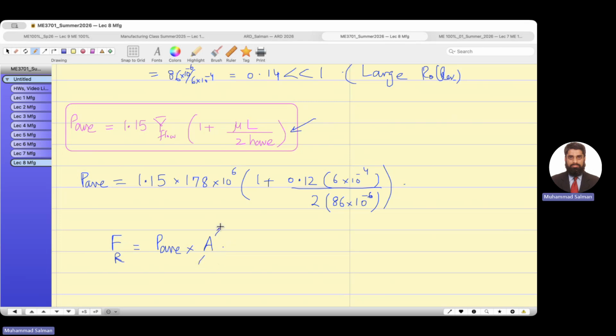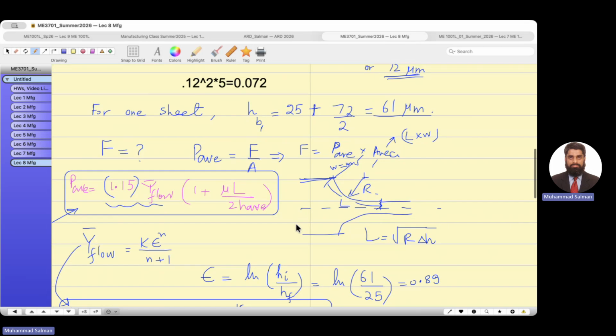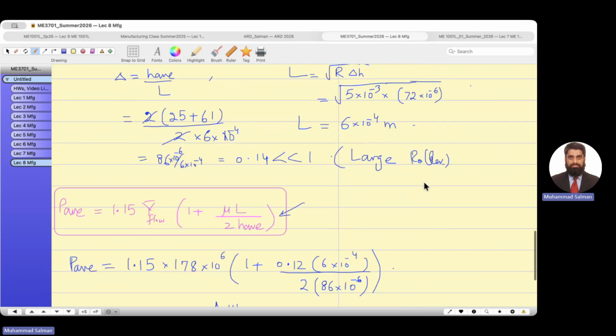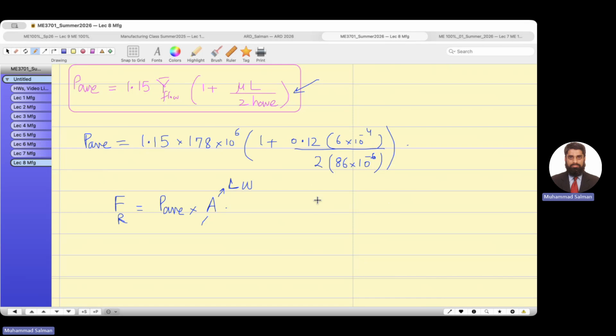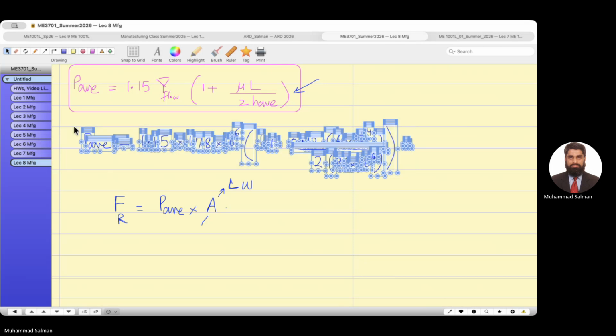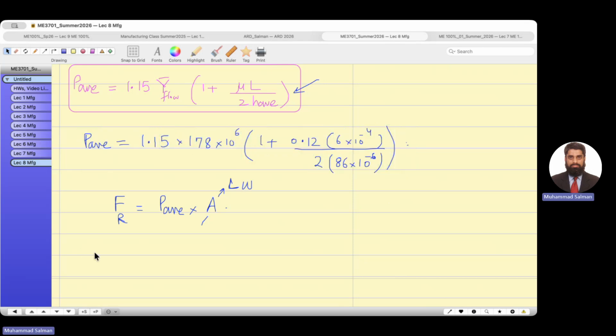And that is equal to the arc length of the roller in contact with the metal times the width of the metal. As I mentioned earlier, this is the width inside the paper. So you have to multiply. Let me write it down here. You will open your calculators and help your professor find the force.